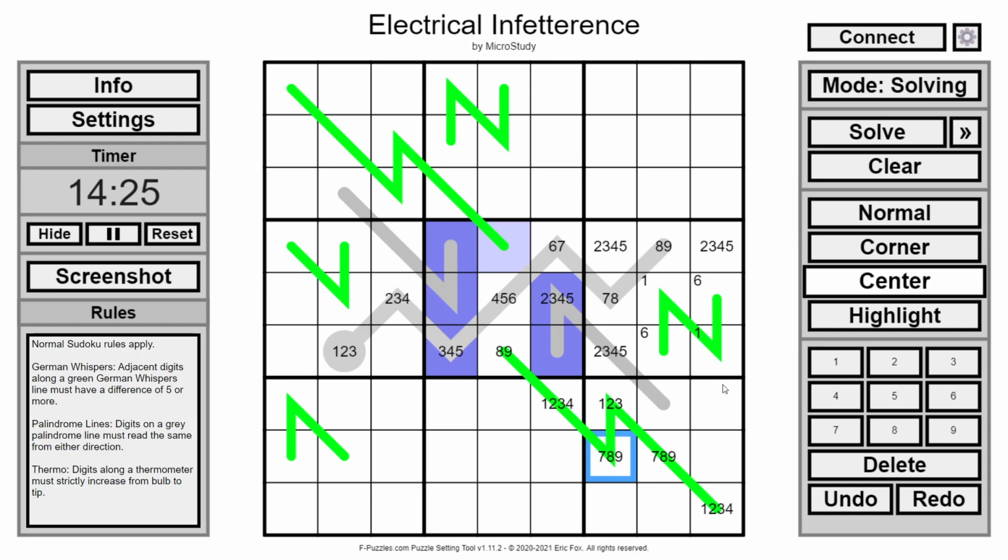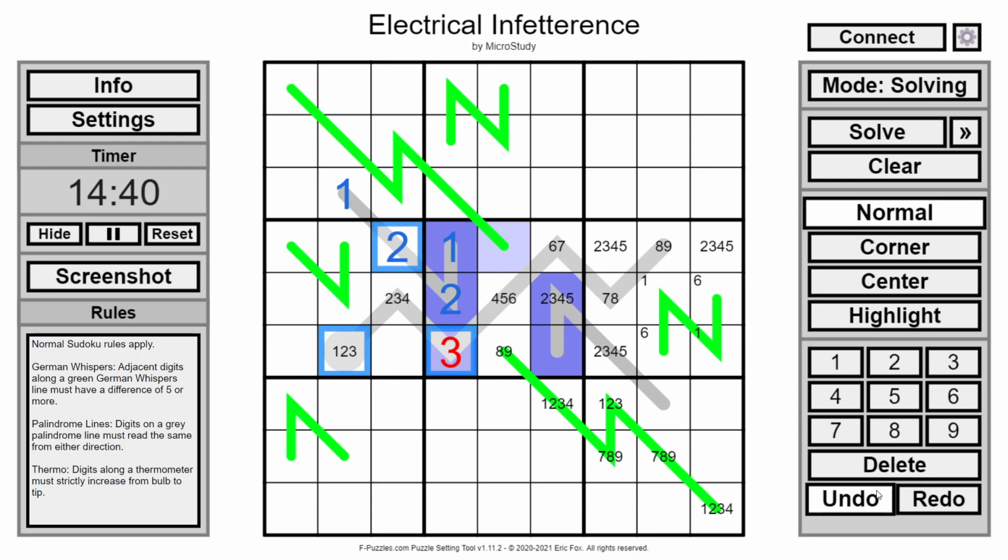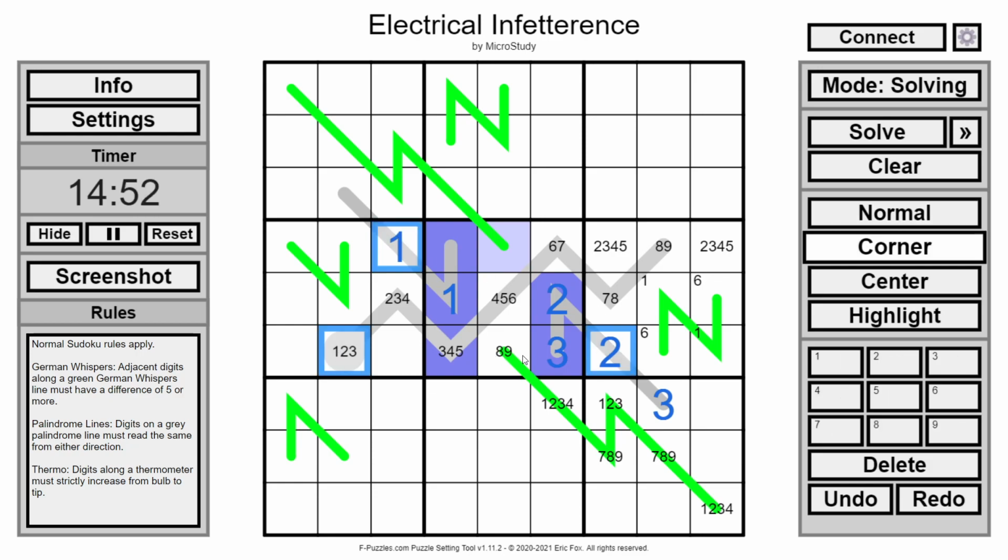But if we put all 3 of 1, 2, and 3 into dark blue, let's say 1, 2, and 3 like this, then this becomes a 2, this becomes a 1, and what do we put here? This can't be a 1, or a 2, or a 3. And no matter how we arrange these, 1, 2, 3 like this even, this becomes a 1, this becomes a 2, this becomes a 3. I guess that last one didn't matter. And suddenly this cell can't be a 1, can't be a 2, and it can't be a 3.